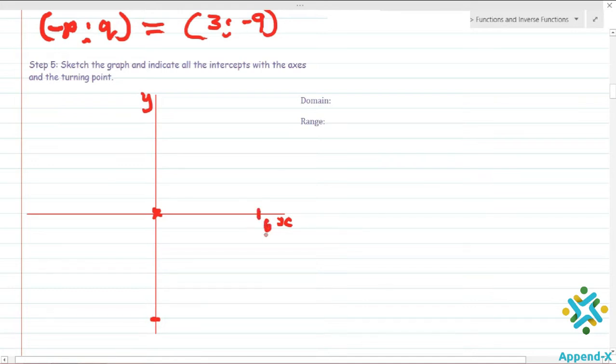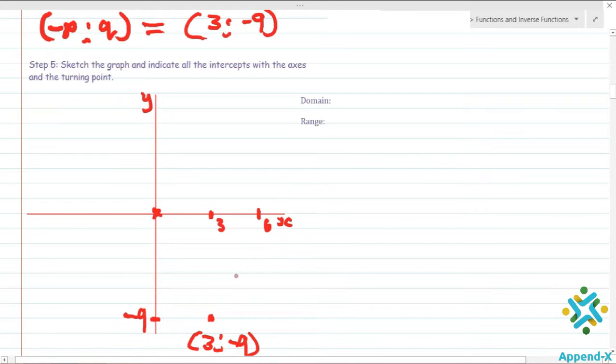So if we let this be our 6, and we know that the turning point occurs at 3 and -9. So if we let this be our -9, and if we go ahead and let this be our 3 on the x-axis, then the graph's turning point must be somewhere here, and the coordinates of this point are 3 and -9.